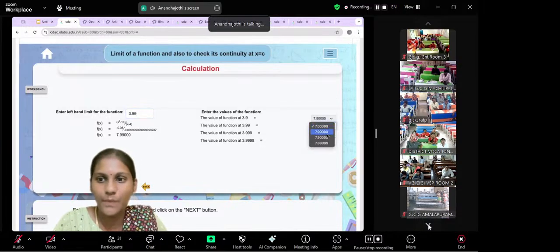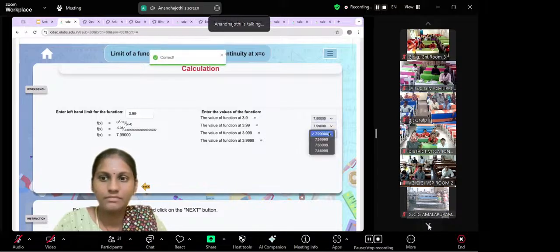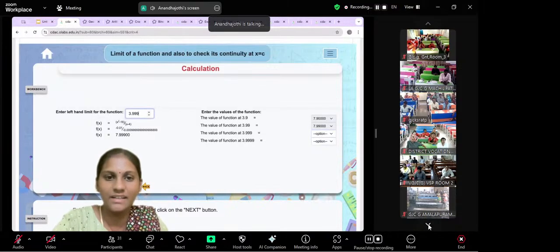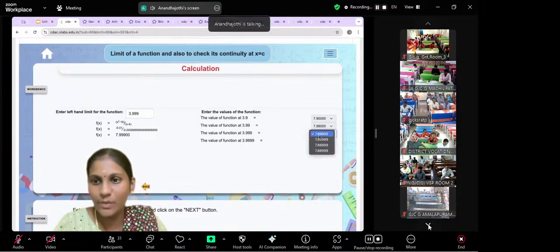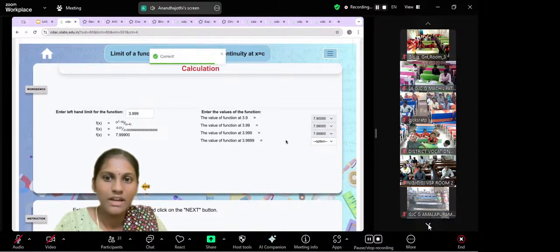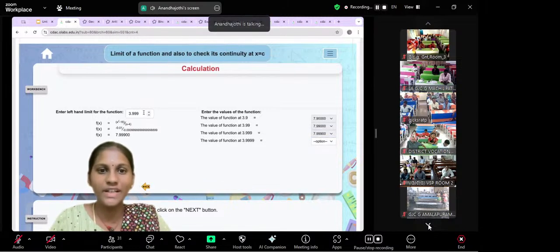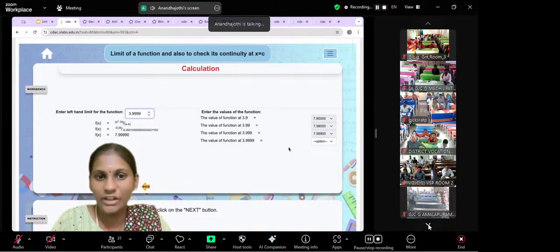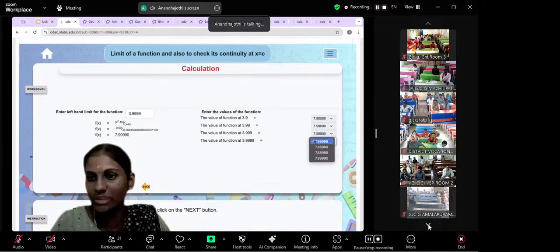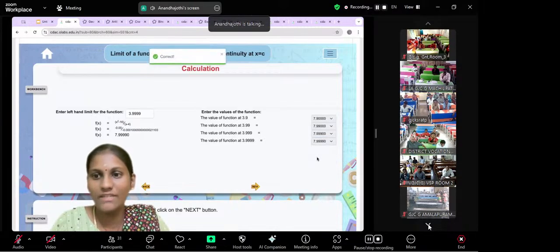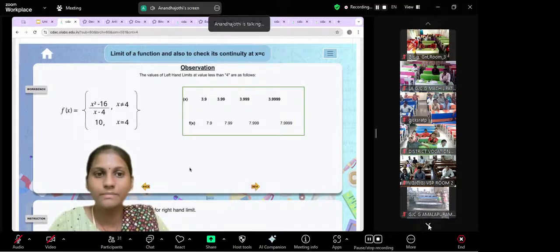It is 7.99. And again for 3.999, it is 7.999. And what will be 3.9999? Again 9 is added to the last thing. So it will be 7.9999. Fine? So now we can see the table.